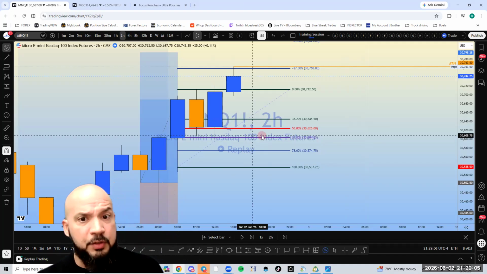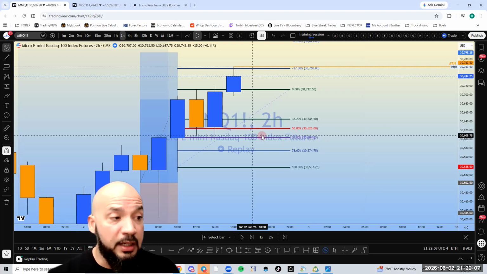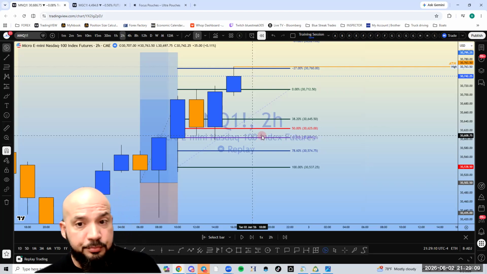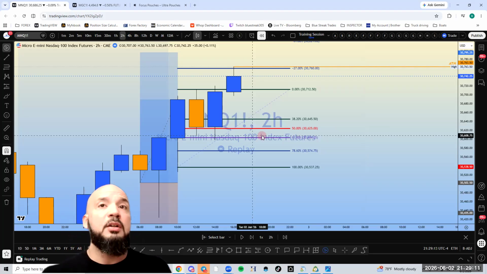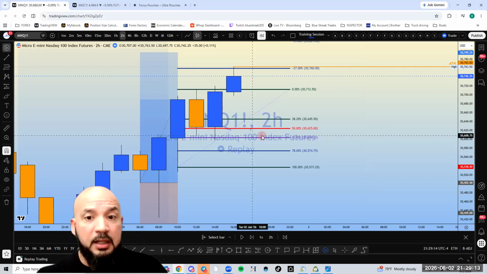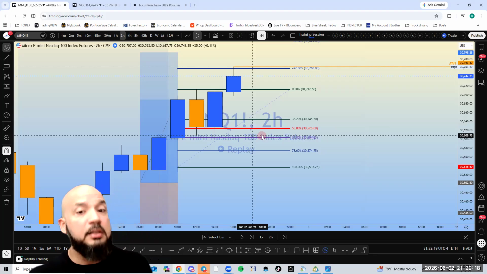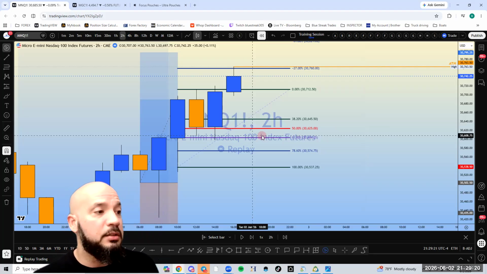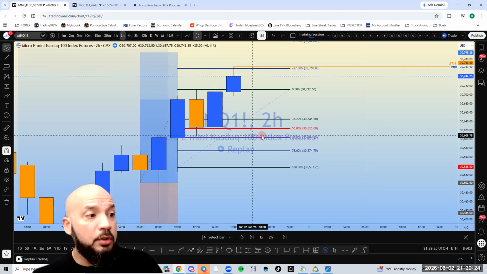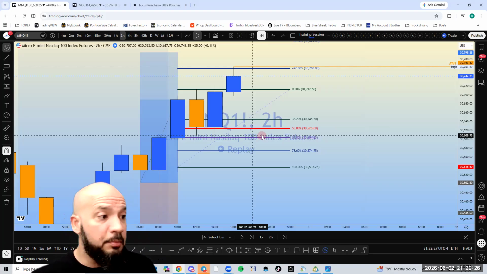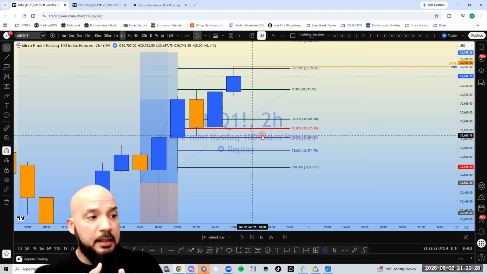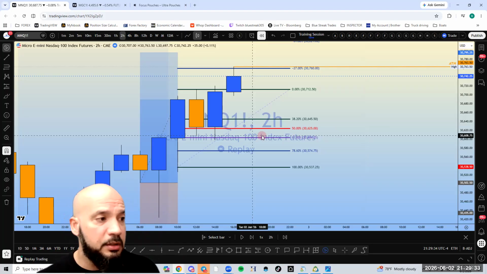The 50% and the 618, which are the ones that we use, are where all of the high quality continuation trades happen. And what kind of trades do we take? Continuation trades. We wait for the correction. We wait for the pullbacks. It all means the same thing. Pullback, correction, continuation. We wait for the continuation.